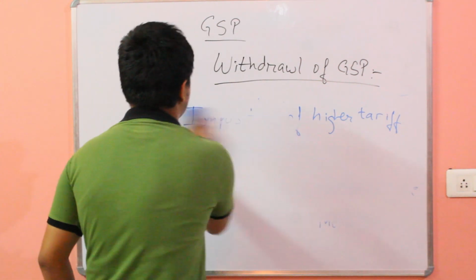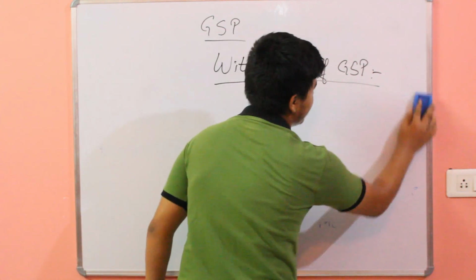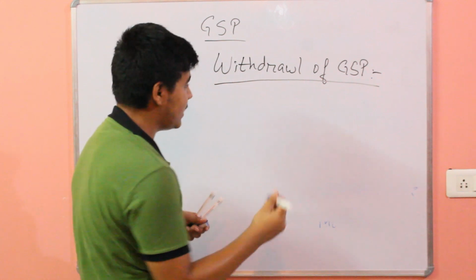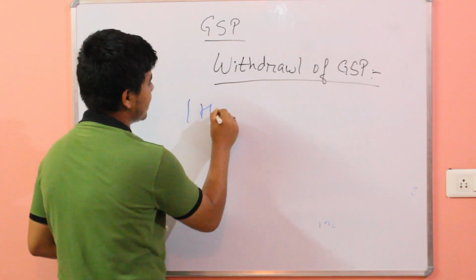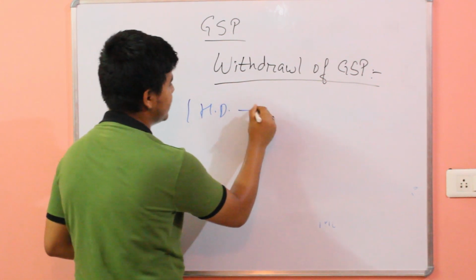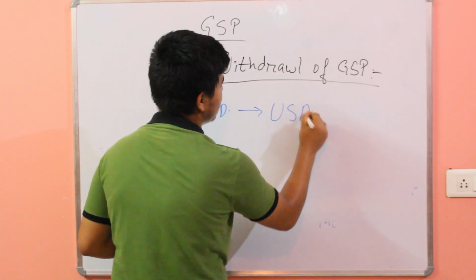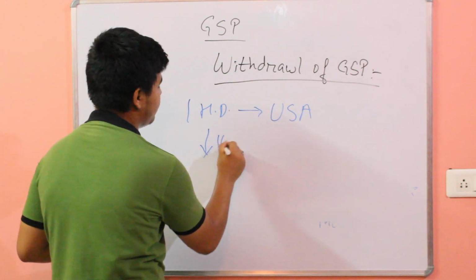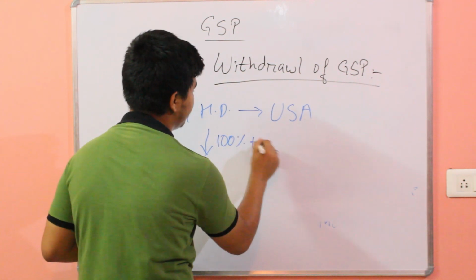Suppose there was a case study done by the US Department of Commerce that one Harley Davidson bike that was manufactured in USA. So in exporting it to India, the USA has to pay 100% tariff.